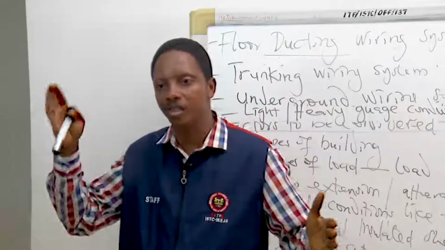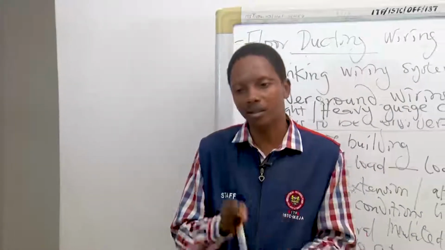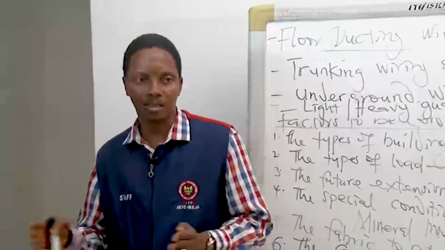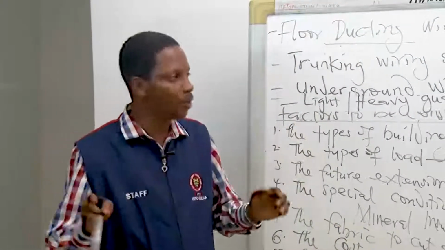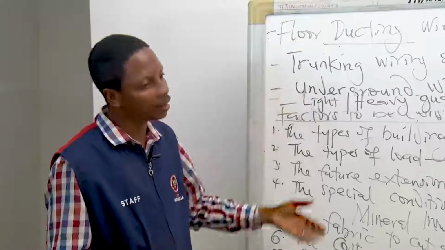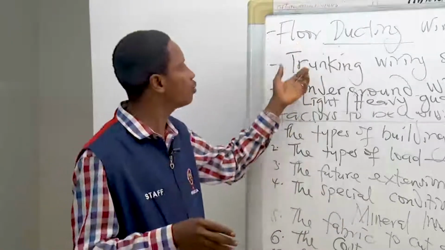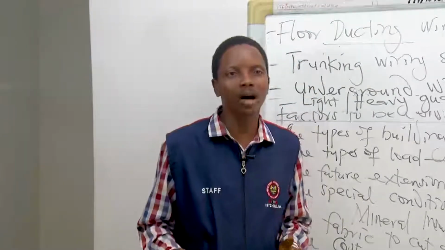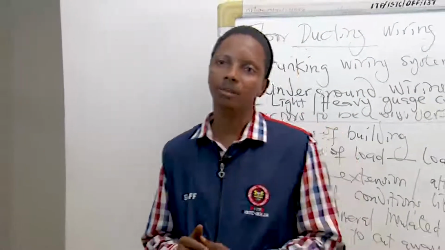The poles that you see are 45 meters apart from each other. Then the arrangement, you consider at that time the neatness of the job, or underground, the same thing; for trunking, neatness; floor ducting, neatness. The way you arrange, the way you lay your cable are very, very important.